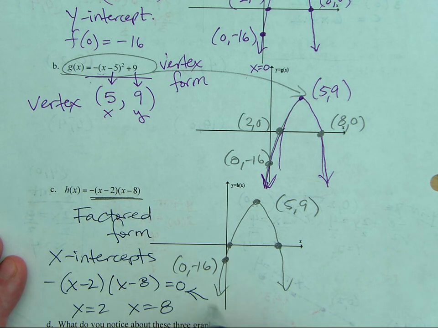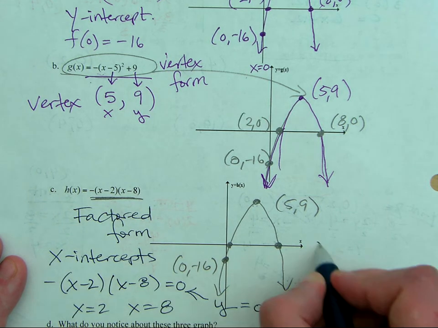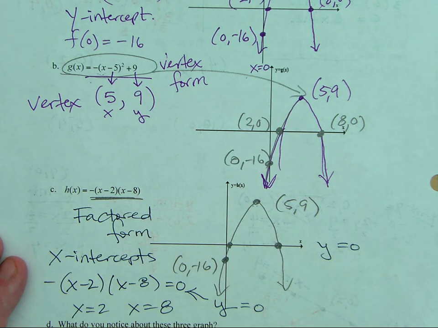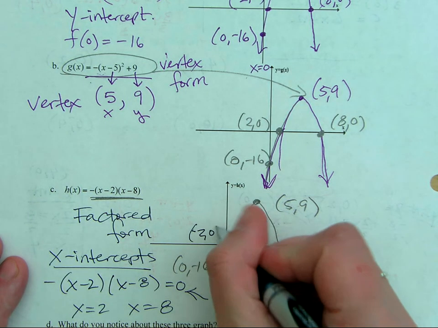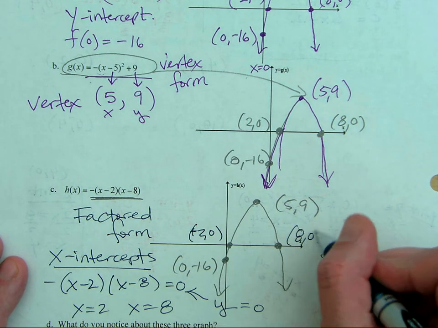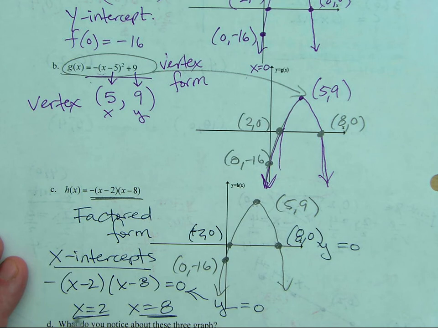That means right there that the y is equal to 0, and y equals 0 is the equation of the x-axis. So when we solve a quadratic by factoring, we are finding what? The x-intercepts, exactly. So the x-intercepts are going to be this 2, 0, that's a positive, and 8, 0, because these are my x values when y is equal to 0.